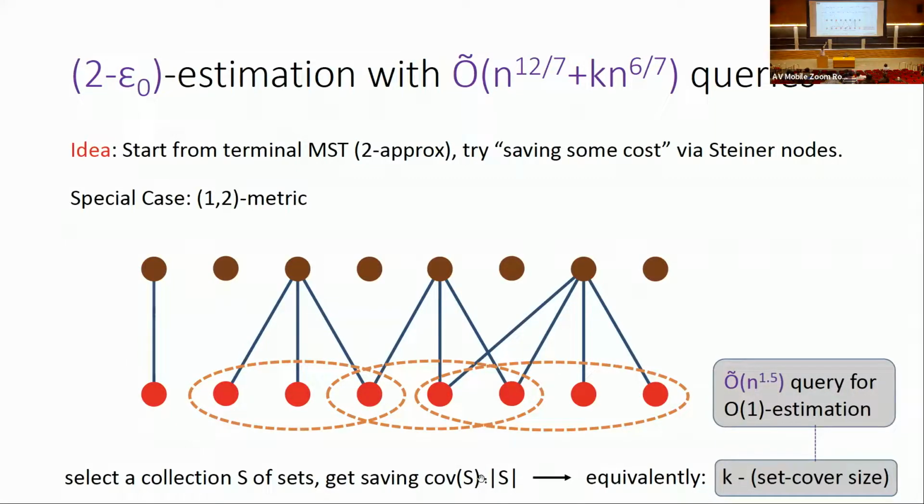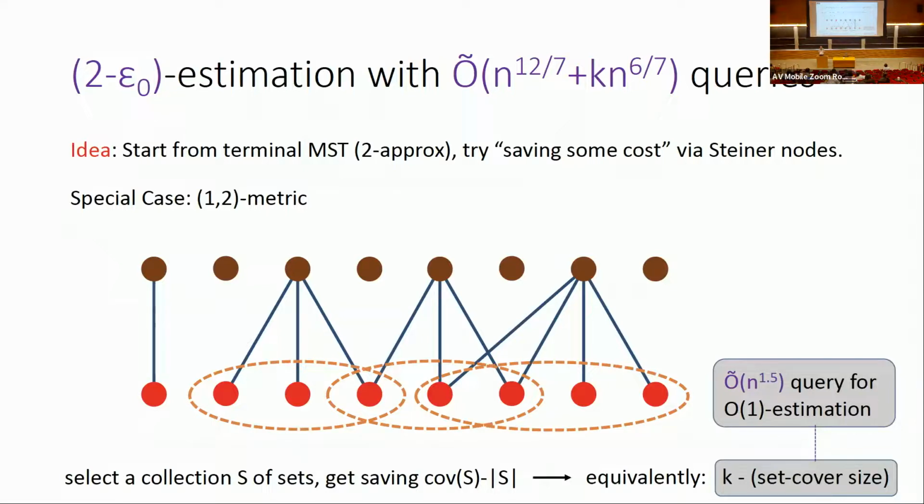In this example, if we select these 3 sets, then the number of sets we're selecting is 3, and the coverage we get is 7. The saving is 7 minus 3, which is 4. So the best we can do in this method is really this coverage problem, and equivalently, this can be viewed as a variant of the set cover problem.